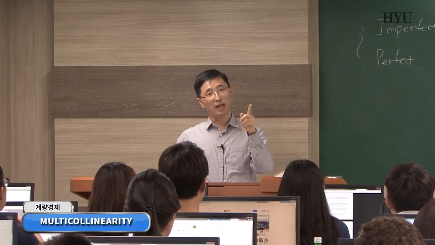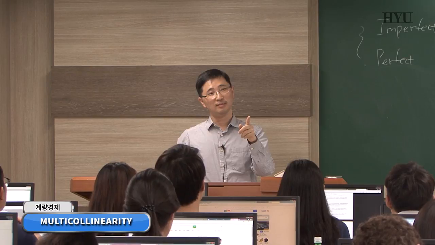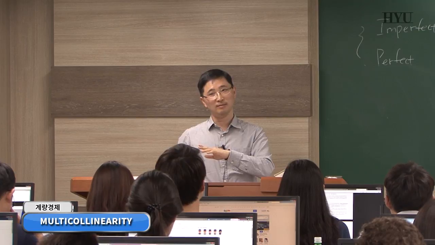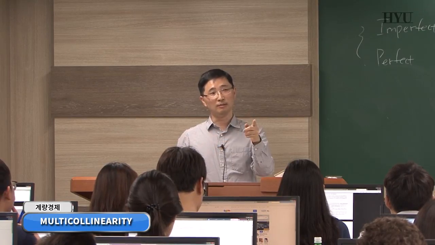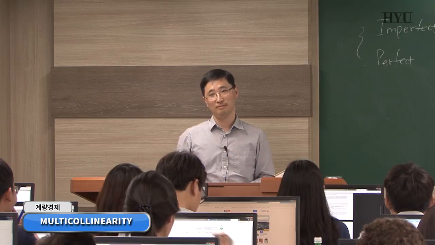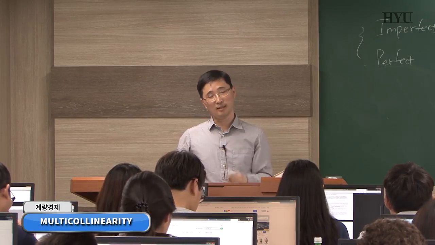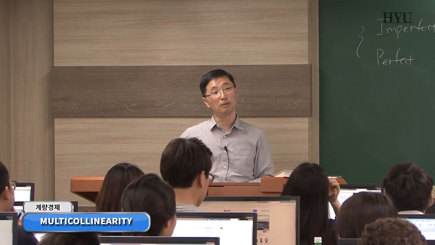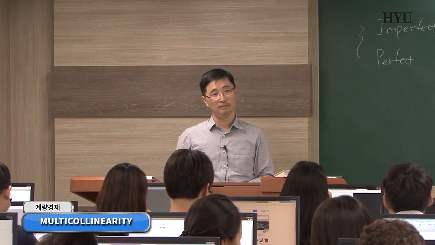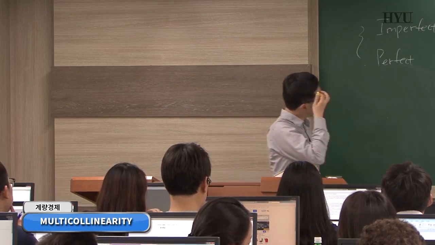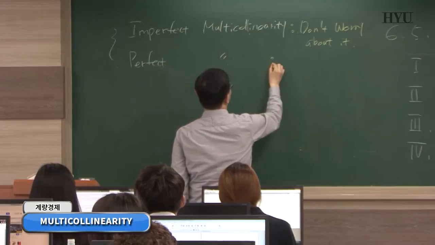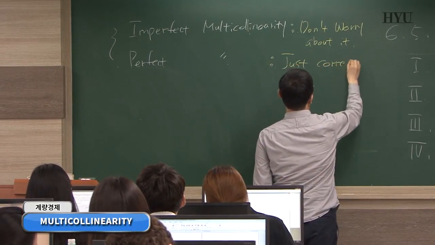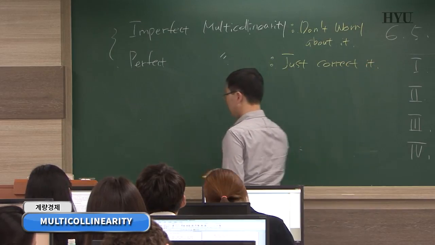It means that one x is just, how can I say, a disguised form of the other x. The example is, if you multiply x1 by 2, you have x2. So the linear correlation is in some sense perfect. That's actually a problem. And the attitude of our textbook is just correct it.